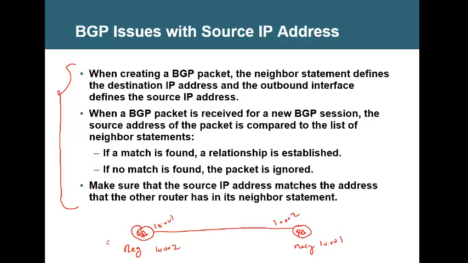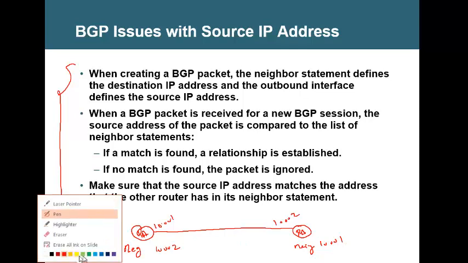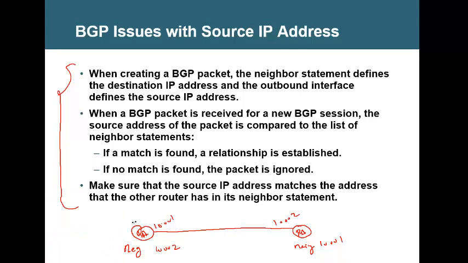What I told you is, when you do like this, from router A, the source address will be the exit interface address. This is the exit interface address, 10.0.0.1. We are dealing with the source IP address. What will be the destination address? 10.0.0.2.